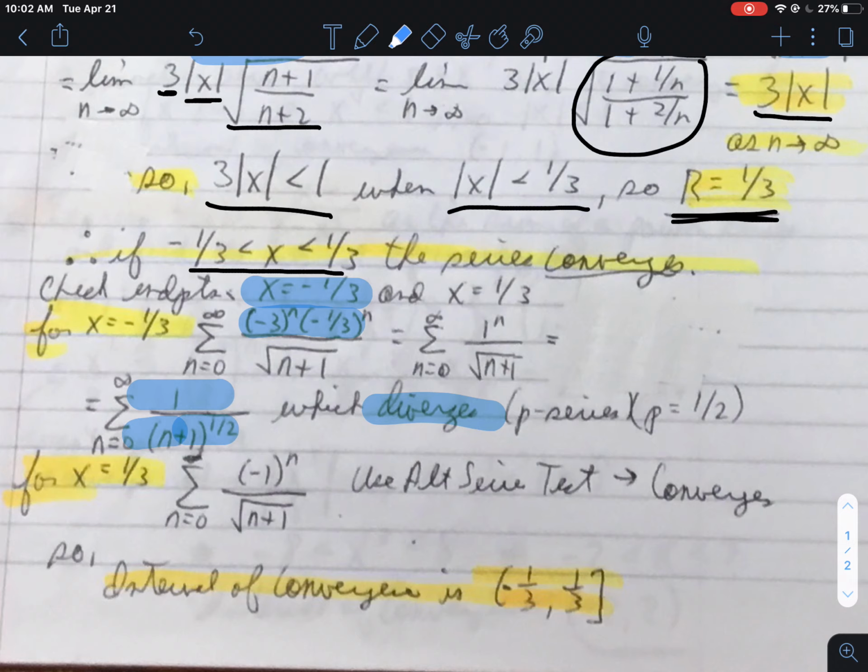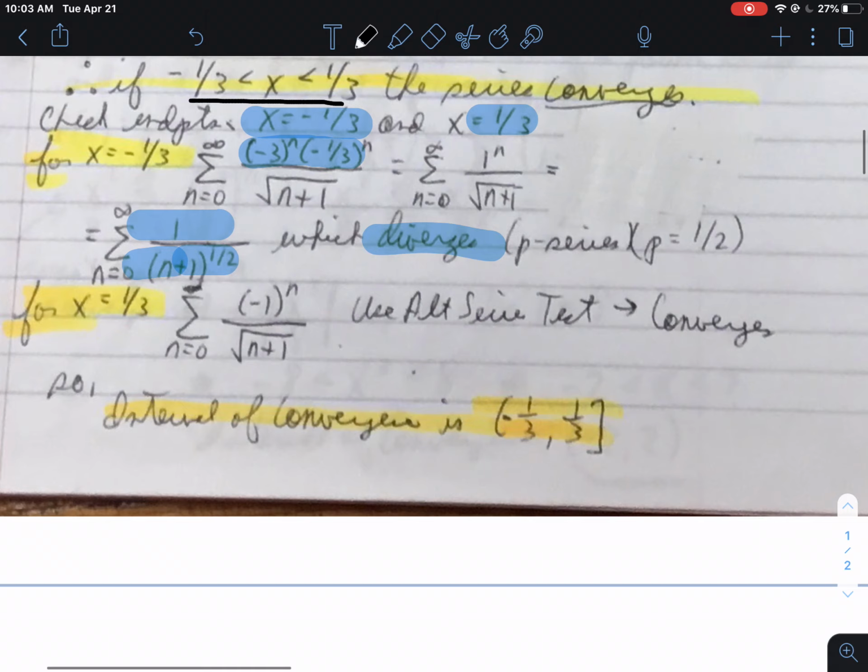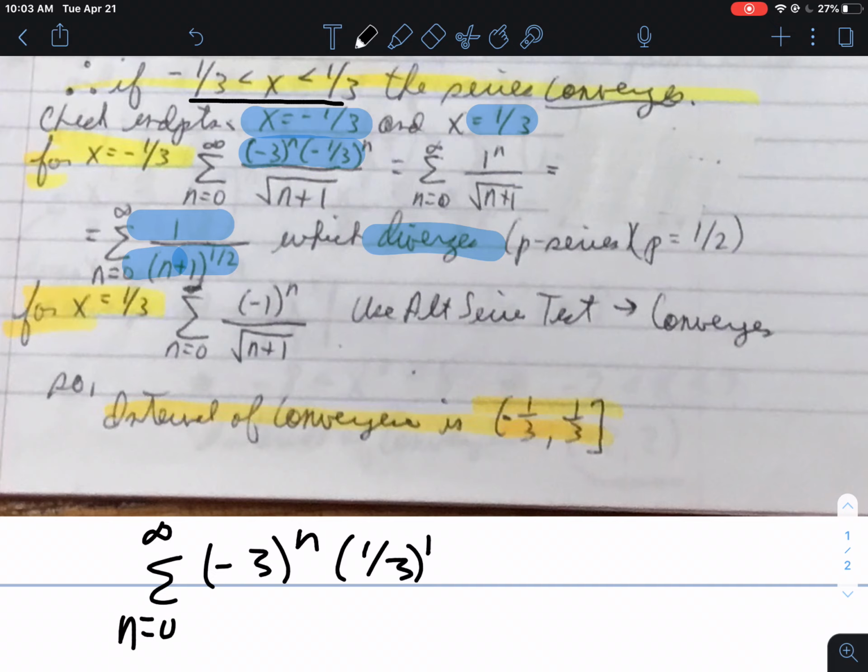We then check x equals 1/3, our second endpoint. And for x equals 1/3, I've got negative 1 to the n instead of positive 1 to the n. I guess maybe I should write that out. Let me put it down here. So I've got that sum as n goes from 0 to infinity of negative 3 to the n times now positive 1/3 to the n over that square root of n plus 1.